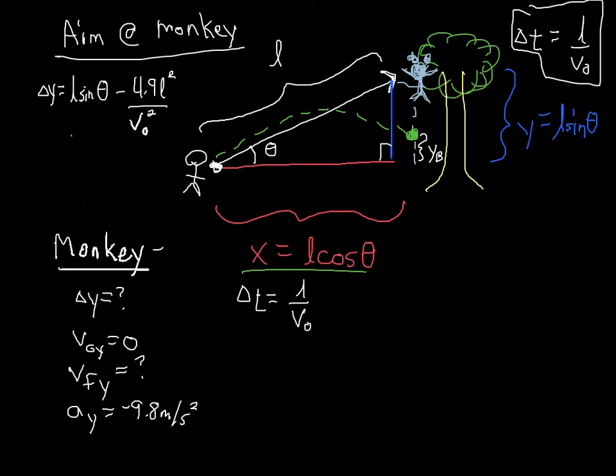So let's find the monkey's change in Y. We can do that using, by now, our favorite kinematic equation. Change in Y for the monkey, I'm going to go ahead and label it for the monkey, is equal to V naught in the Y direction times change in T plus 1/2 A times change in T squared.